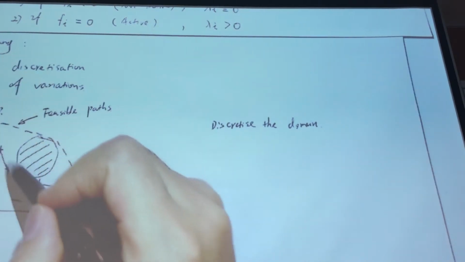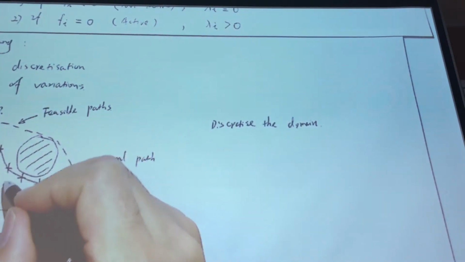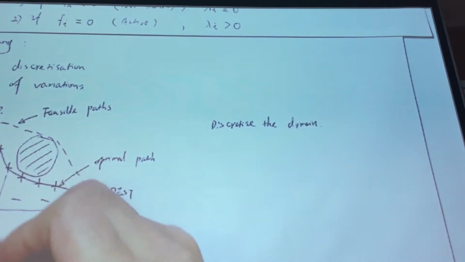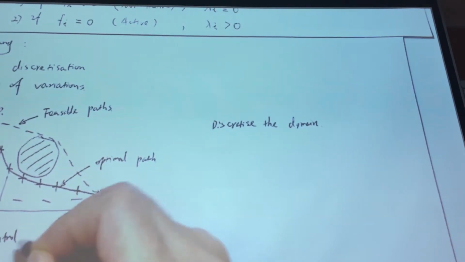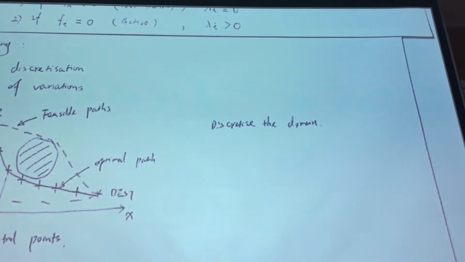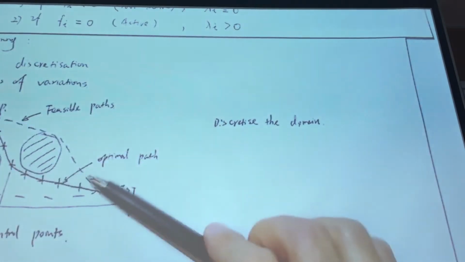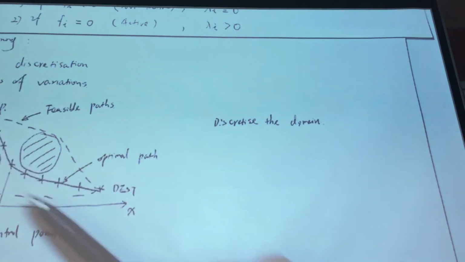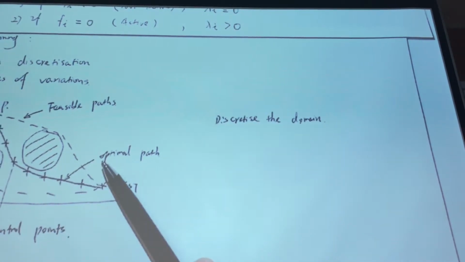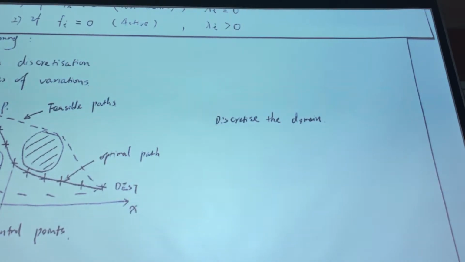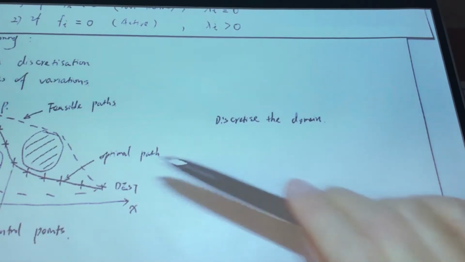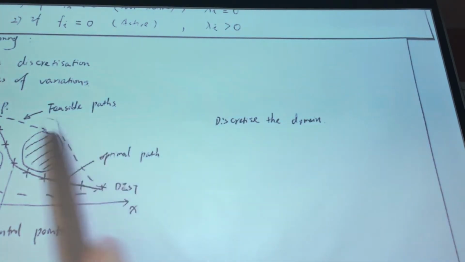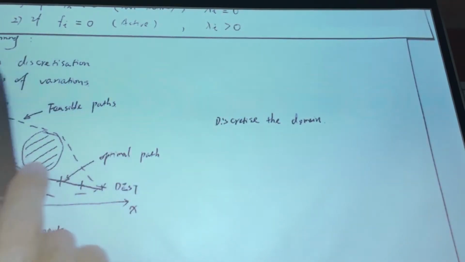We have some control points in between, and all these are assumed to be the control points. By using our techniques, we can optimize a particular cost function in terms of the control impulse. The control impulse on these control points will eventually give us the optimal path.